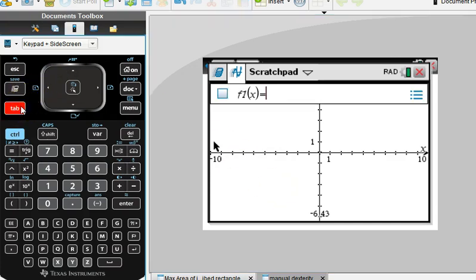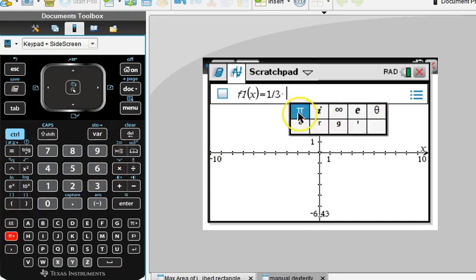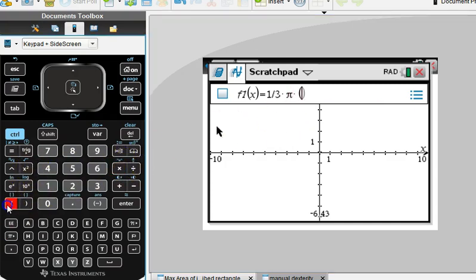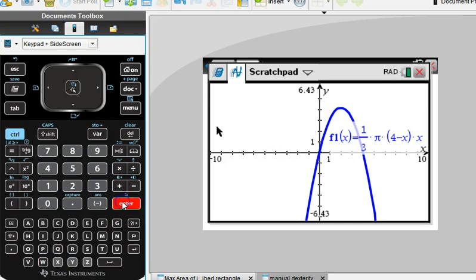So this is 1/3 times pi times, in parentheses, 4 minus x, close, and then times x. Okay, so enter this. And here is a parabola, okay?